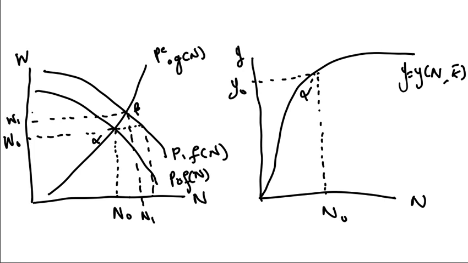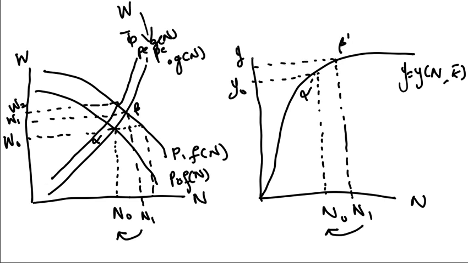But at the same time, in the production function, you can see that the employment will also increase from N0 to N1, and then the output will increase from Y0 to Y2. So Y2 is here.